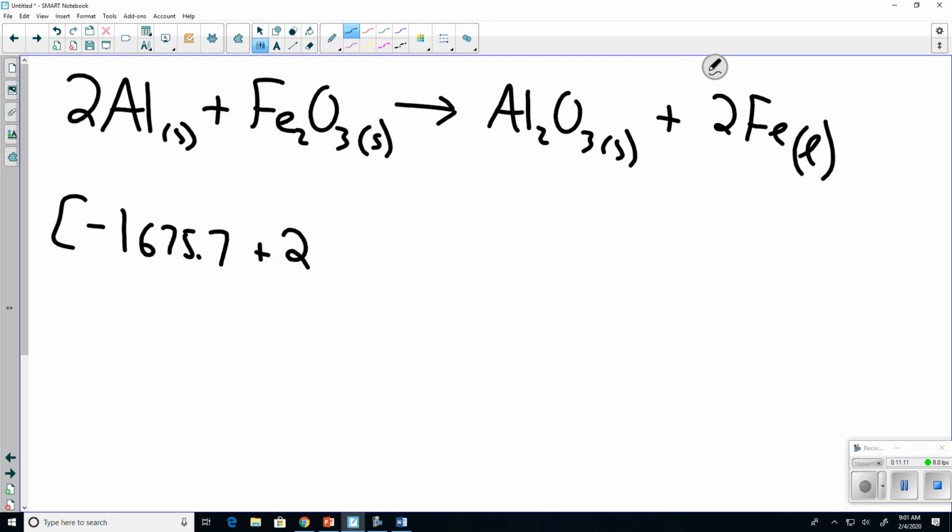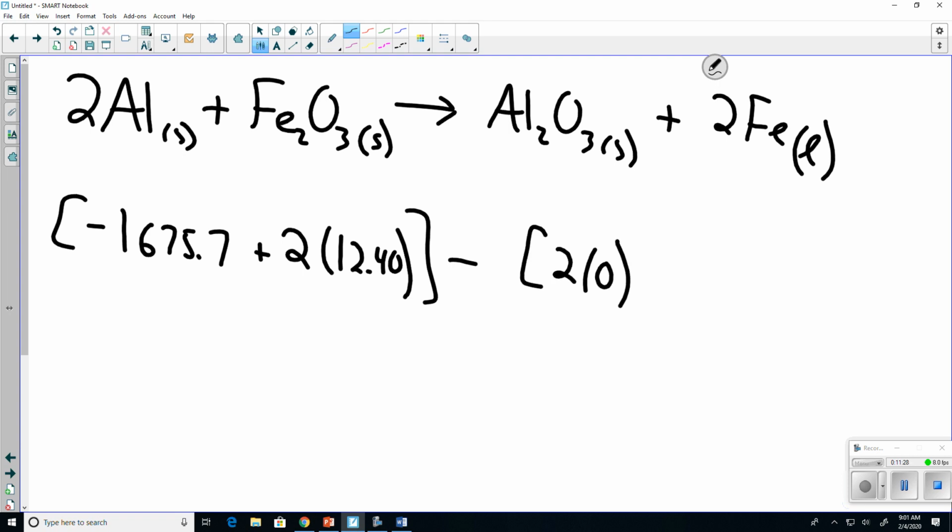Plus 2 times the 12.40, which is for the liquid iron, minus 2 times 0. Solid aluminum is the most stable version, so that was given a 0 value.